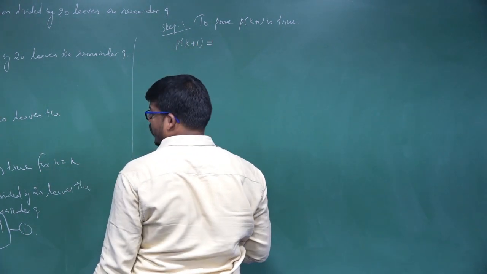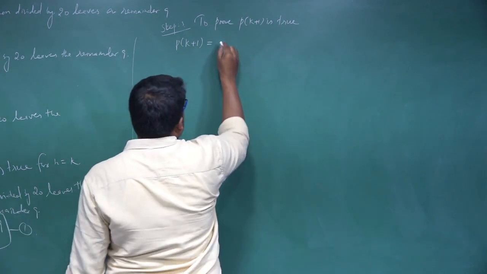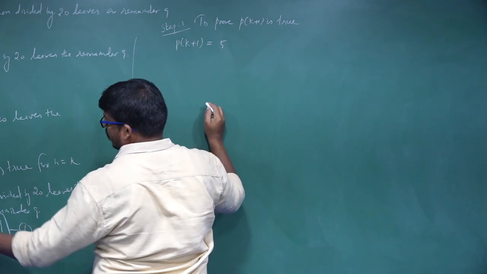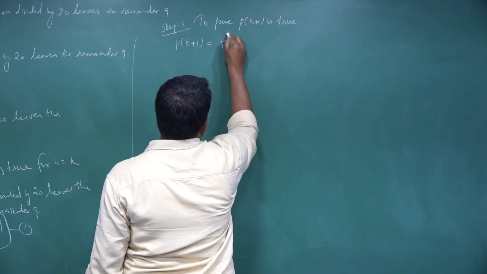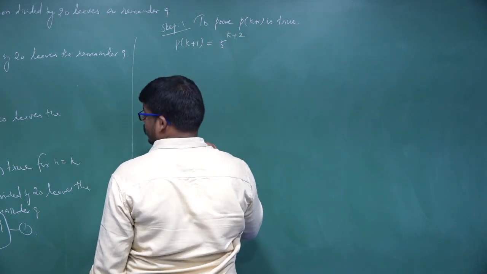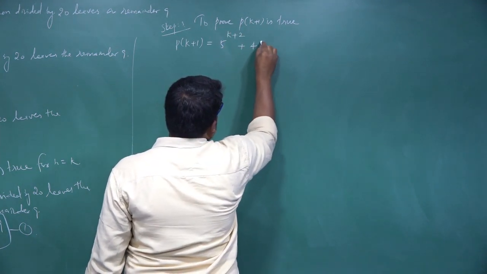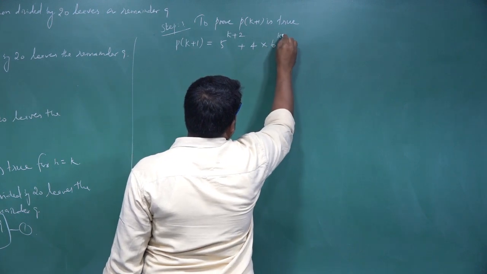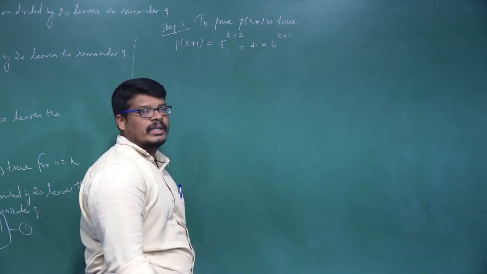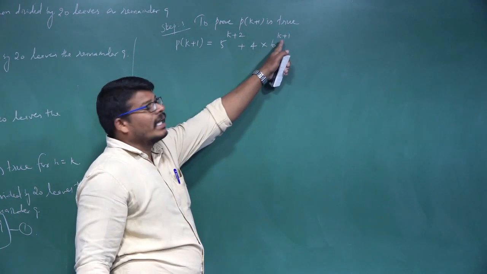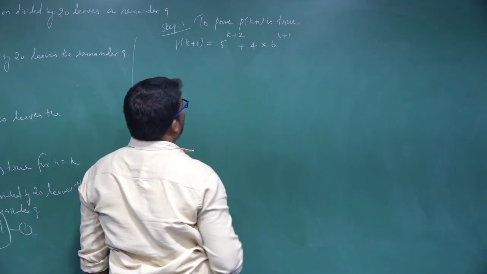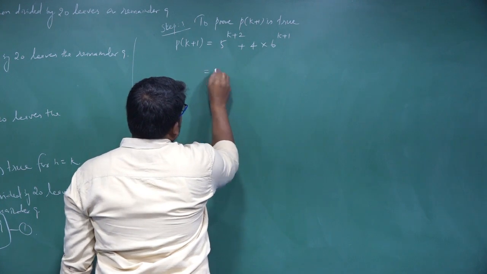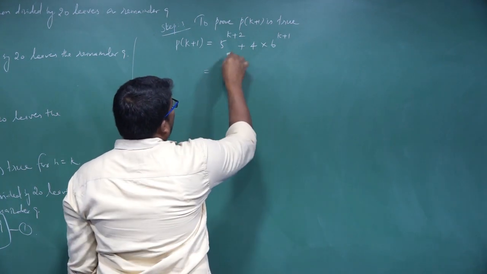P of k plus 1 equals 5 power k plus 1, with k replaced by k plus 1, so k plus 1 plus 1 is k plus 2, plus 4 into 6 power k plus 1. This is P of k plus 1, which equals 5 power k plus 2 plus 4 into 6 power k plus 1.